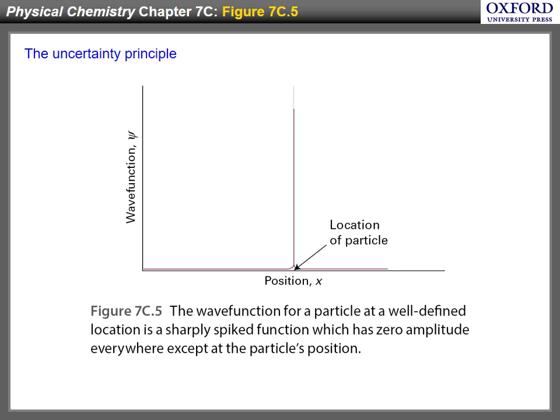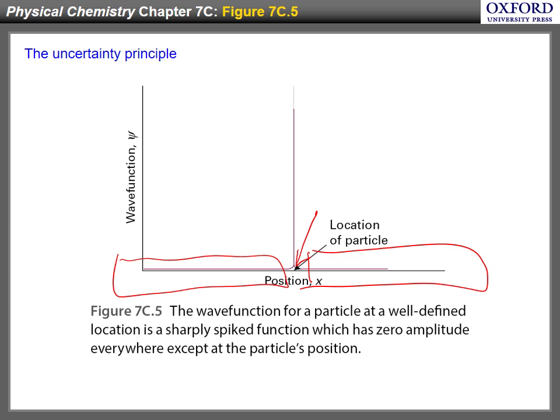So if we take a wave function such that it is defined in a very particular location and it's zero everywhere else, that will pinpoint the exact location of a particle on this axis, right?